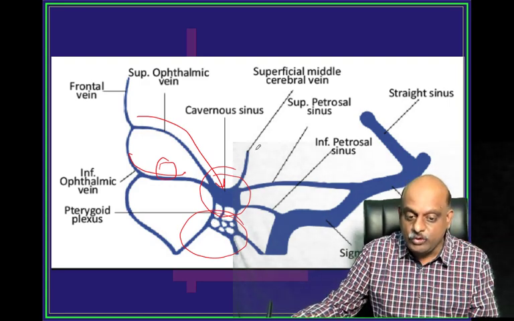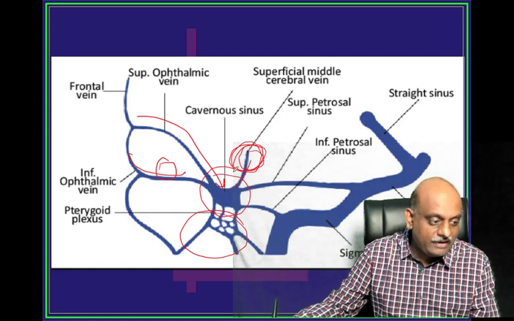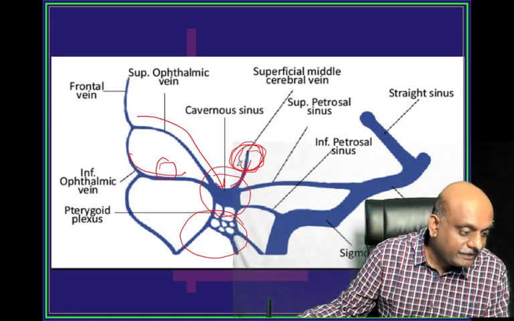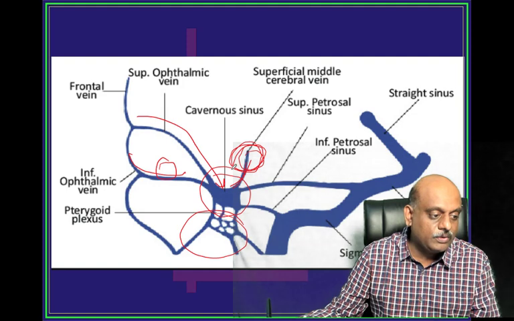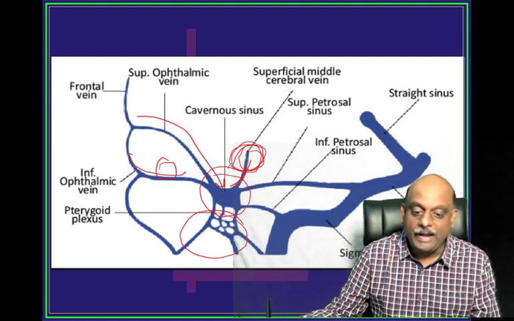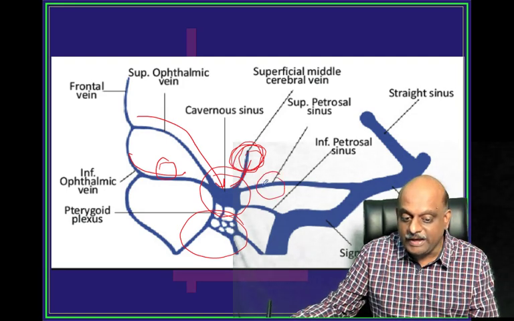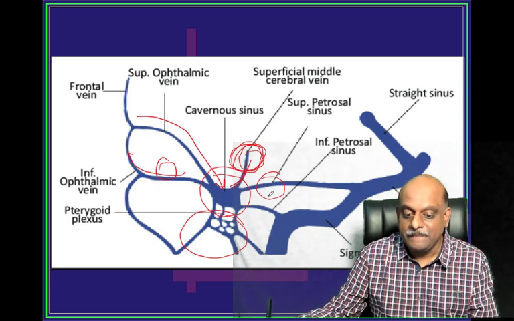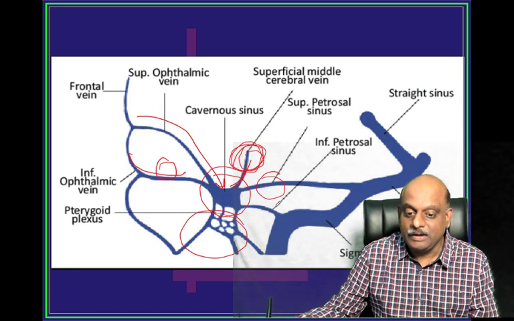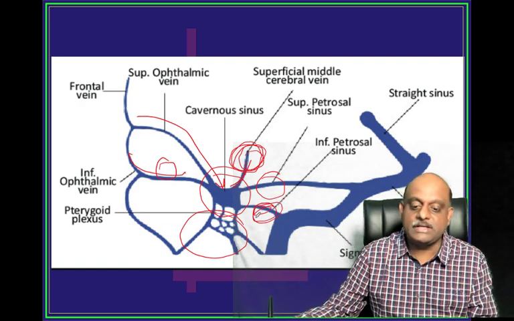Then the superficial middle cerebral vein is also communicating, and this is the inferior petrosal sinus, and superior petrosal sinus and inferior petrosal sinus.